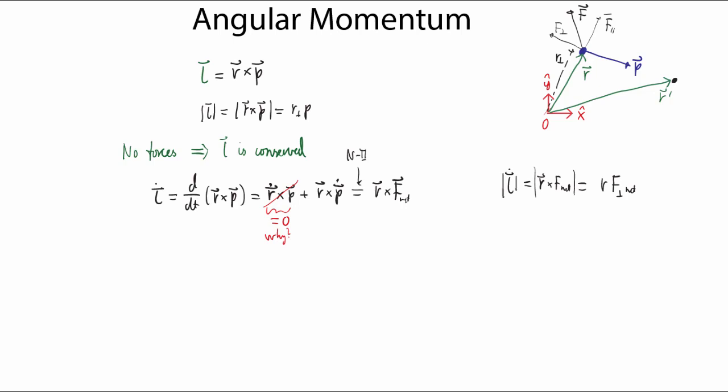R cross f, otherwise, is known as the torque, and the book uses gamma to indicate torque, not tau, and we're going to stick to that convention.